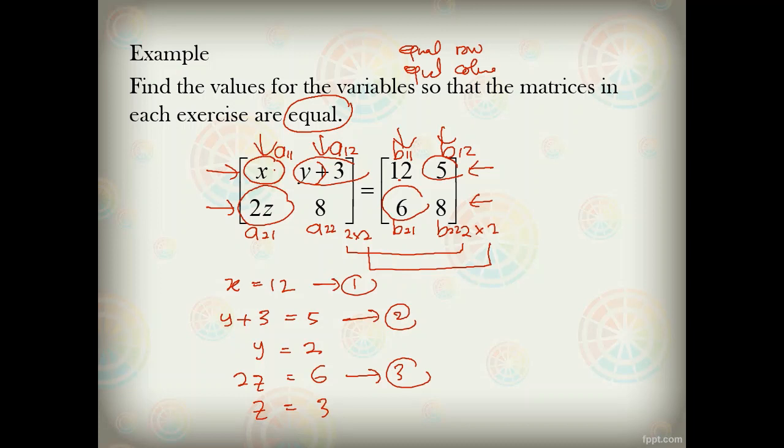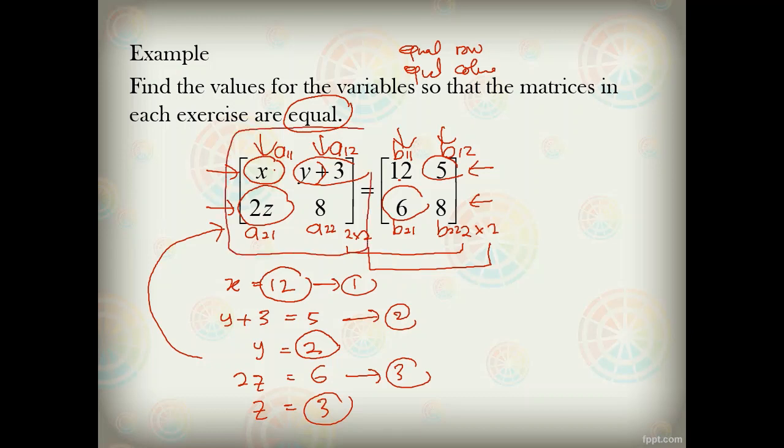You can check your matrix by substituting all the values of x, y, z into this matrix and making sure the elements of the matrix on the left hand side are equal to the matrix on the right hand side. Let us substitute. x is 12, correct? When y is equal to 2, 2 plus 3 is 5. z here is 3, so 3 times 2 is 6, and 8 is 8.